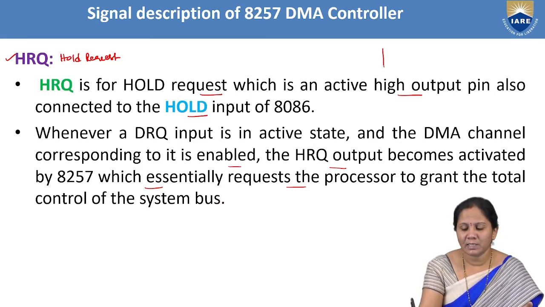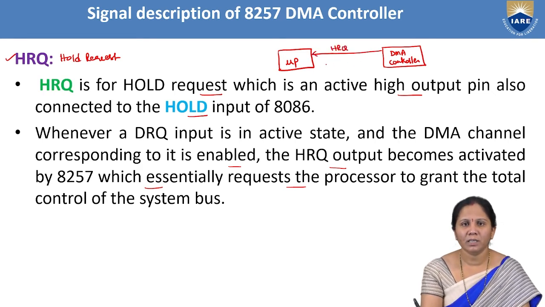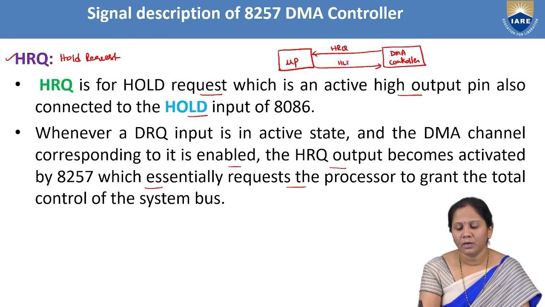So if we consider this is a DMA controller and this is a microprocessor, the DMA controller will first send the HRQ signal to the microprocessor asking for the granting of the system bus. If the microprocessor is willing to give the system bus to the requesting DMA controller, it is going to send the hold acknowledgement signal to the DMA controller.